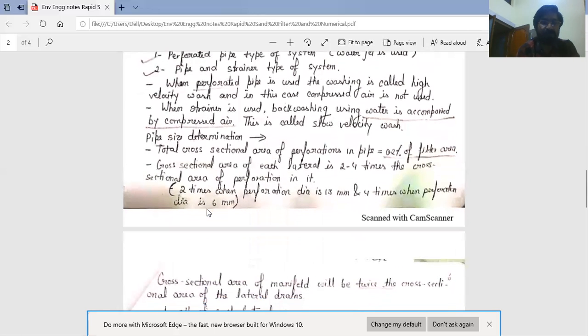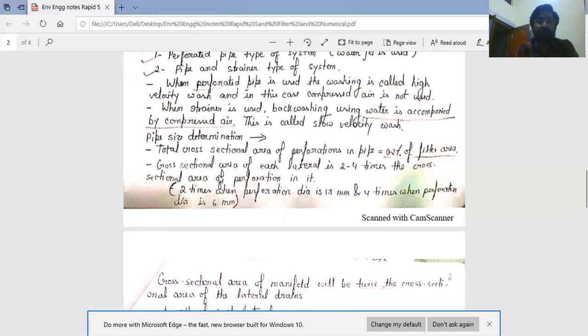Pipe size determination for drainage: total cross sectional area of perforation in pipes. Perforation means holes in pipes, many holes in pipes. Area of perforation is equal to 0.2% of filter area.